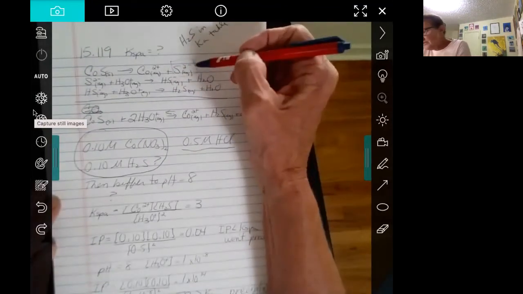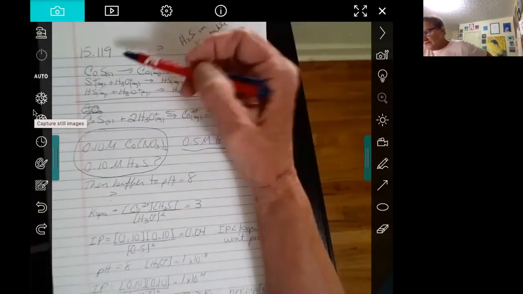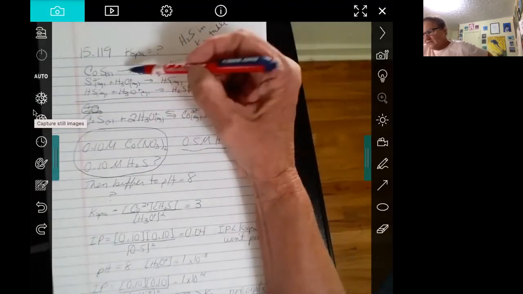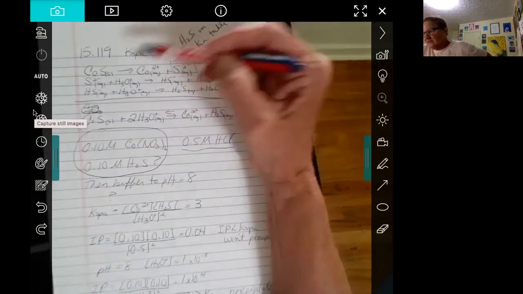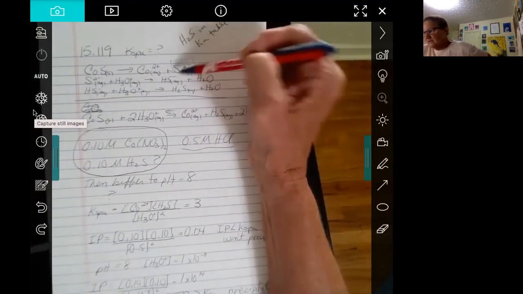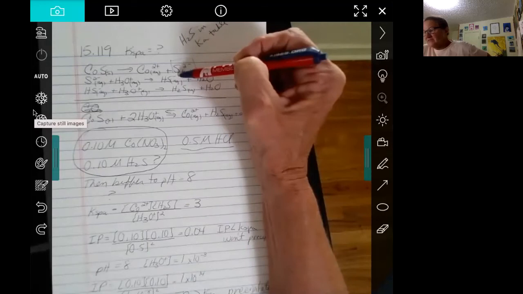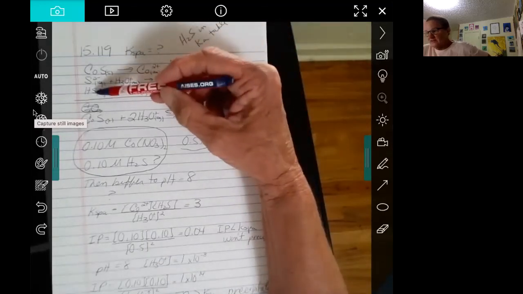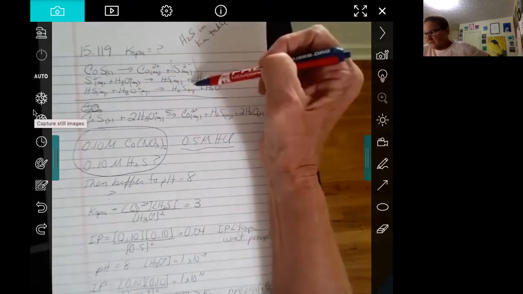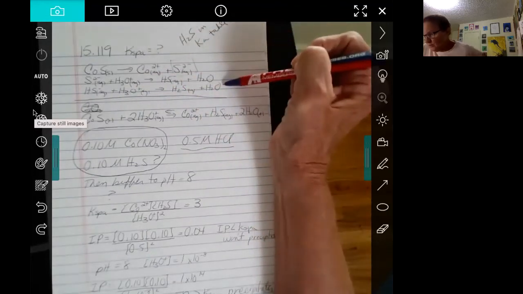So sulfide is a weak base. And if you have acid present, it's going to neutralize that and make HS minus and water. But this is still a weak base because this is a weak acid. So you're going to have that going on to react with another acid to make H2S and more water.